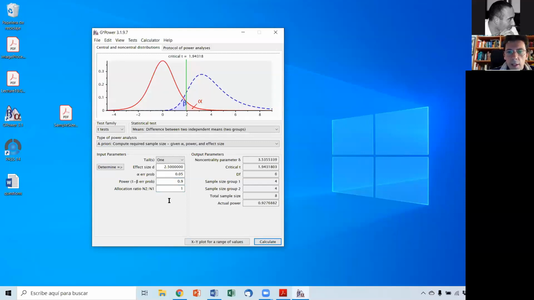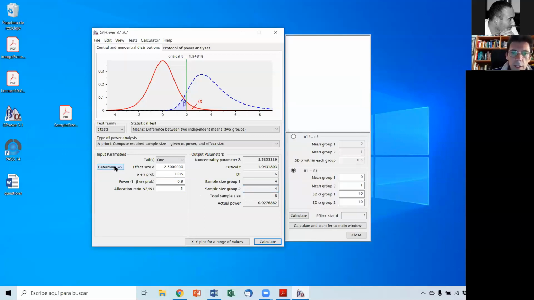With these parameters, you need 4 animals per group. So it is relatively easy to detect something that is 2.5 standard deviations away. Let's say that we now have much higher variability. So we have 50, 25, but the variability is much higher.